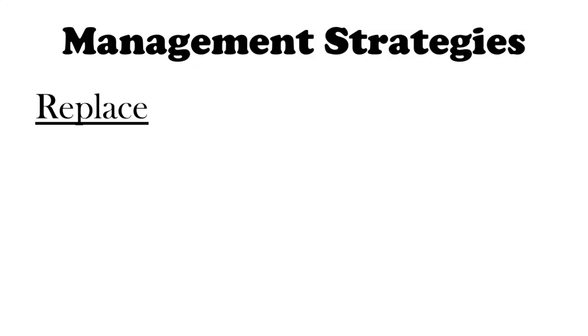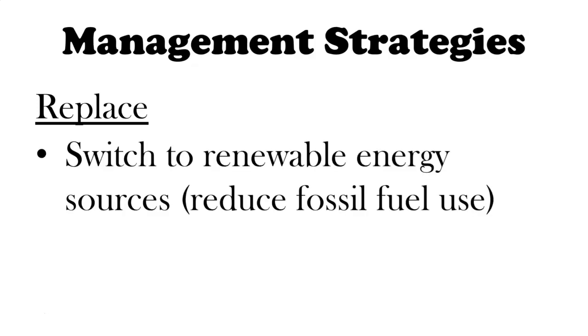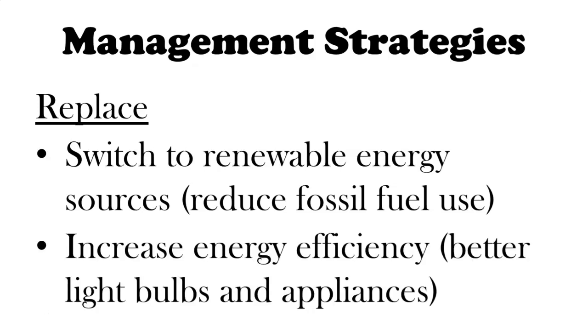And we're going to begin with ways to alter the human activity that causes the release of sulfur dioxide and NOx emissions, or we'll call it replace those chemicals with something better. So we can switch to, of course, renewable energy sources, which will reduce fossil fuel use. We can increase the energy efficiency of things like light bulbs and appliances.